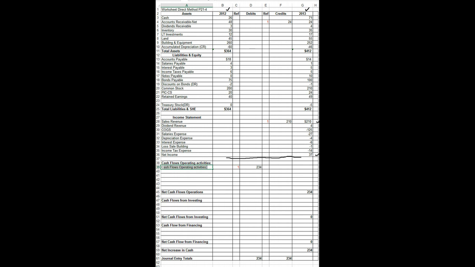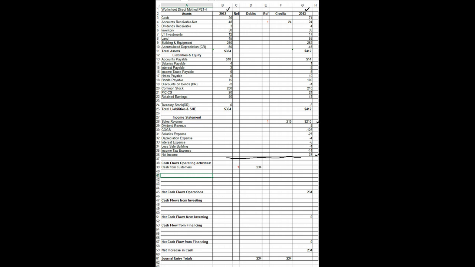So I'll come over here and write cash from customers, and that finishes my first line on this worksheet. Notice that my journal entries total, and they should, and that my cash flows from customers is I collected all of my sales and another $24 out of accounts receivable. And I know that because it went down.